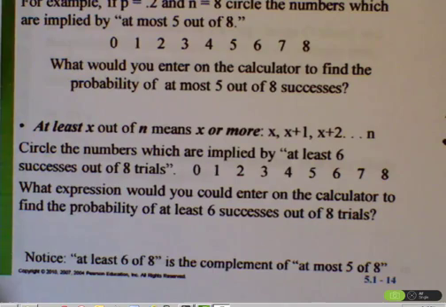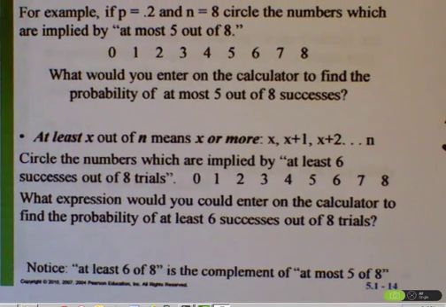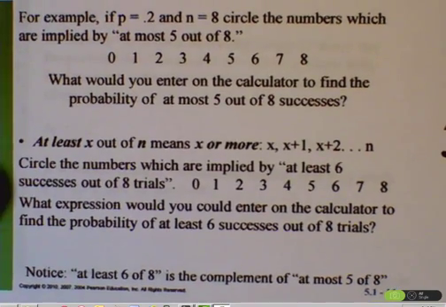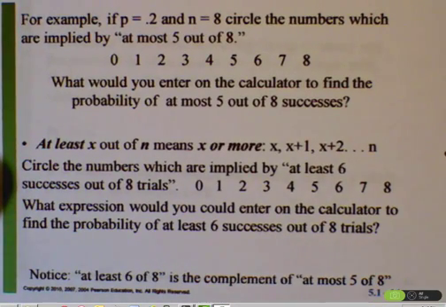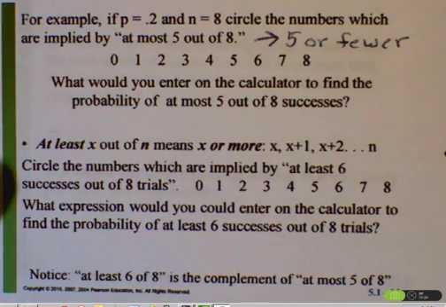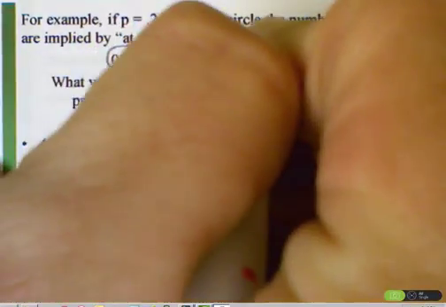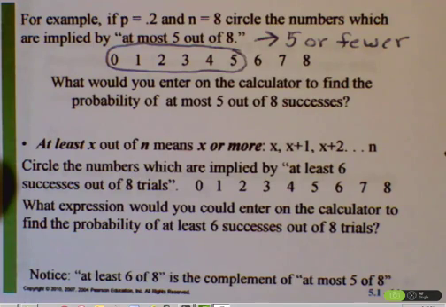For example, if P is 0.2 and N is 8, circle the numbers which are implied by at most 5. At most 5 means the same thing as 5 or fewer. And so at most 5 out of 8 refers to 0 through 5.